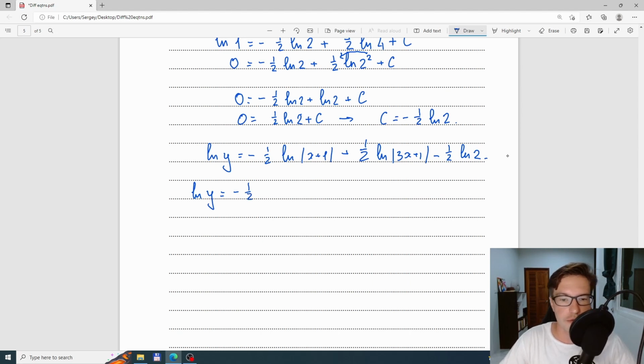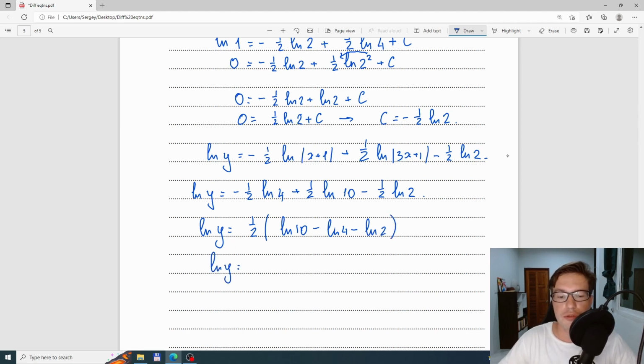We got minus a half log 4 plus a half log 10 minus 1 over 2 natural log 2. Okay, now it looks like we can factor out 1 over 2, and we get log 10 minus log 4 minus log 2.